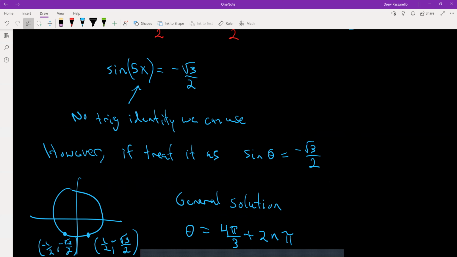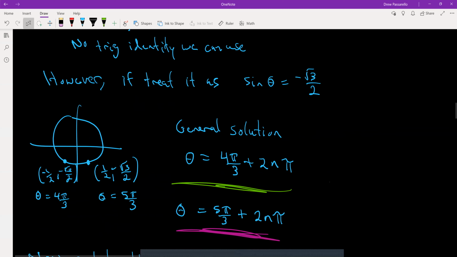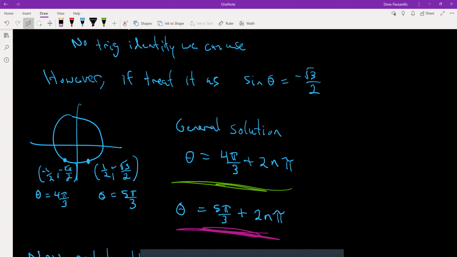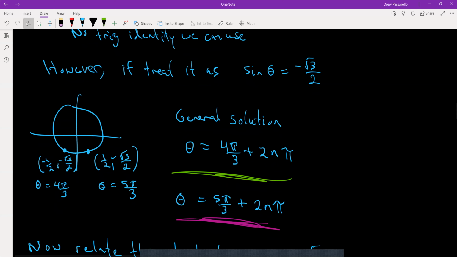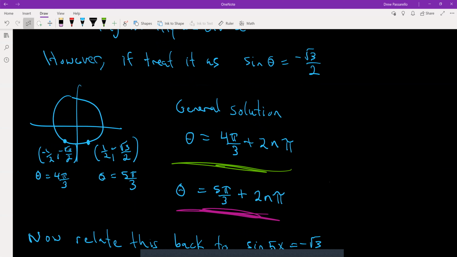When does that equal negative square root of 3 over 2? And I got the two answers on the unit circle to be 4 pi over 3 and 5 pi over 3. But if I were to do the general solution of that, rotating it or doing an infinite amount of revolutions, that's why I have the 2n pi added to each one of these, where n is an integer.